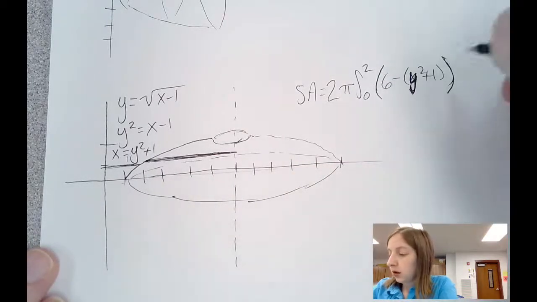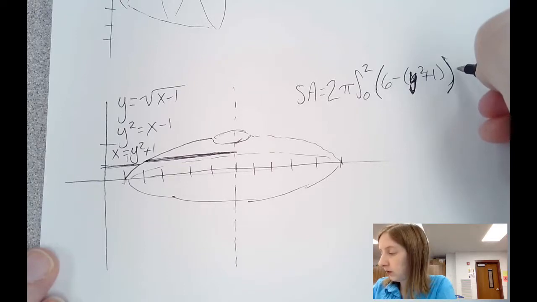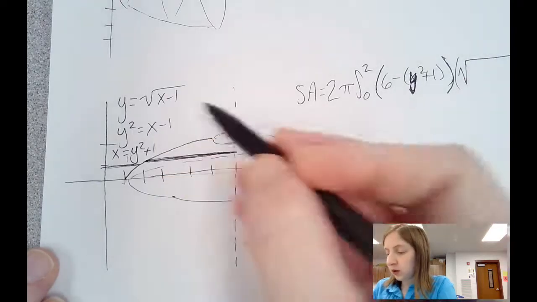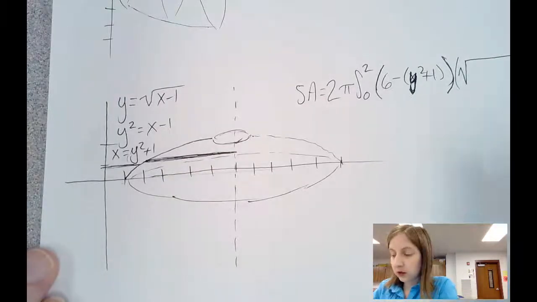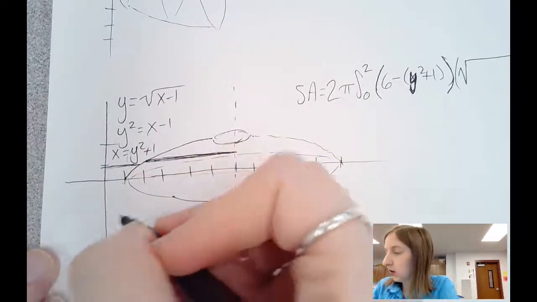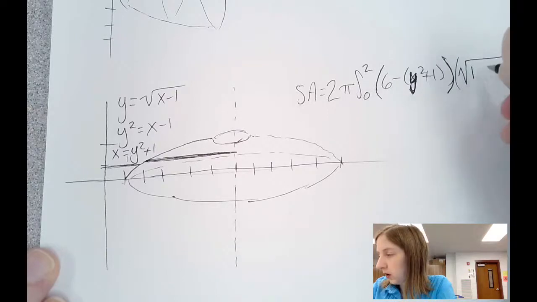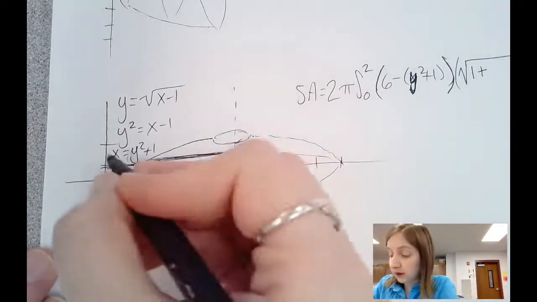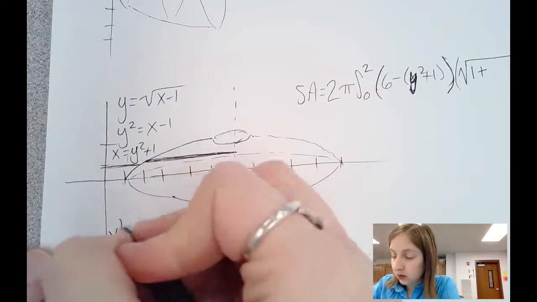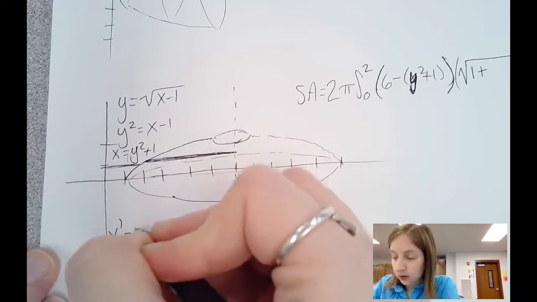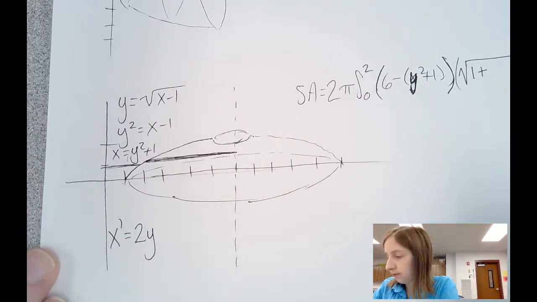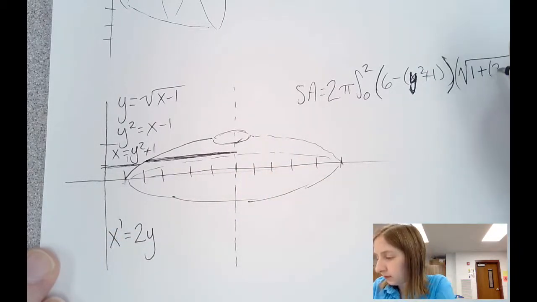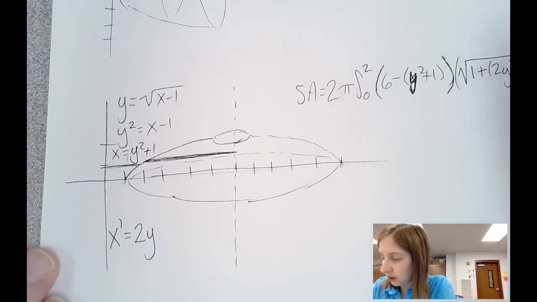And then we have our length, our distance thing here, which we're going to have to redo now in terms of y. So it's going to be 1 plus the derivative of this. So the derivative of this is 2y. And then squared. So in that case, this piece turns out a lot nicer.